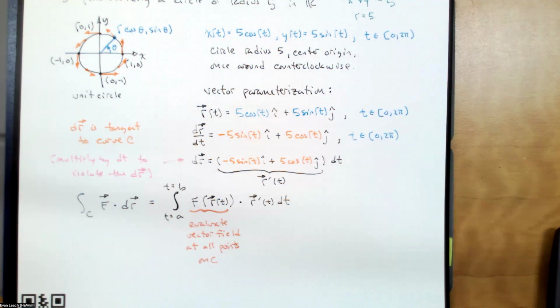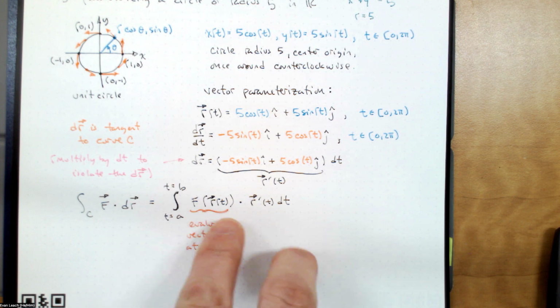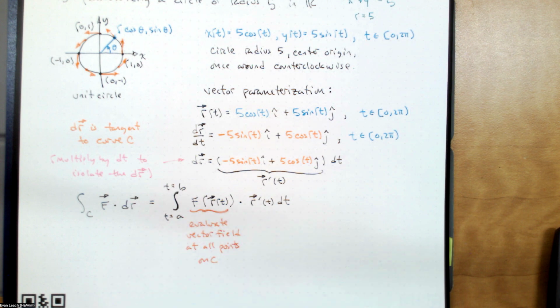Any questions? Yes. No, this is not going to give us an area under a curve. If we take this f dot dr, or f of r of t dot r prime of t, make a function out of that and graph that, then this will give us the area under that curve between a and b.